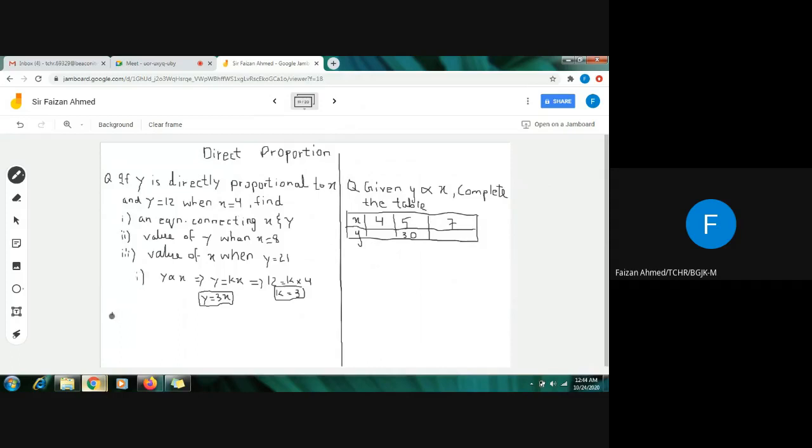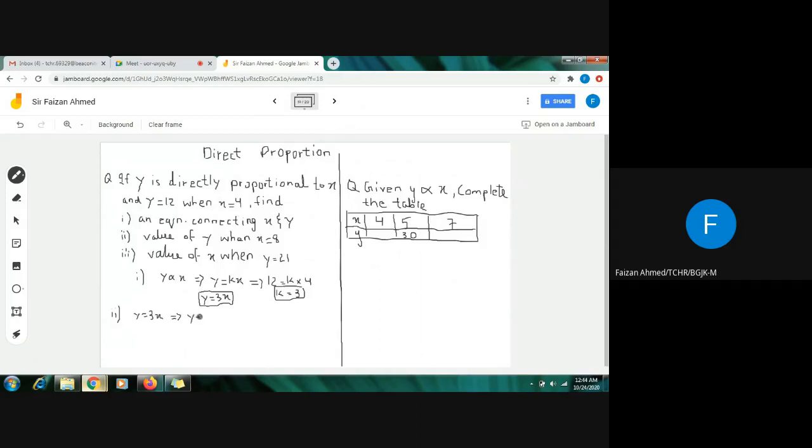Now in the second and the third part, I just have to put the values. I have the equation with me. The equation is y is equals to 3x. So I will write the equation y is equals to 3x. And I have to find the value of y when x is equals to 8. So I will just replace x with 8. y will be as it is because I have to find the value of y.